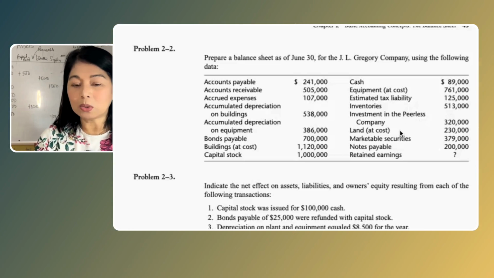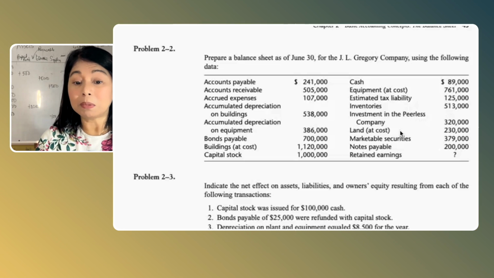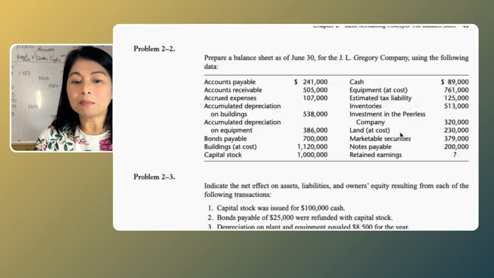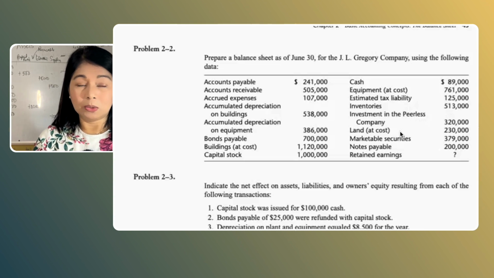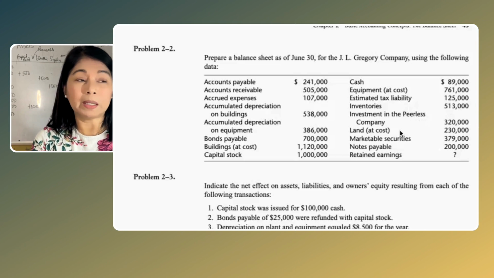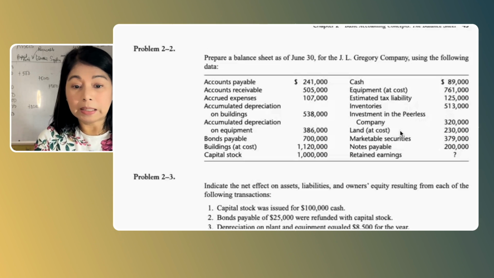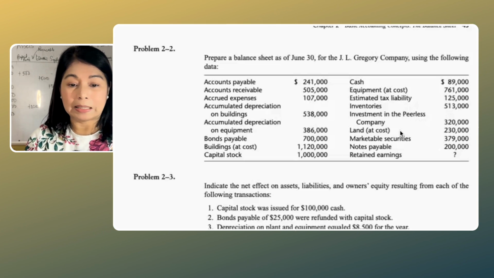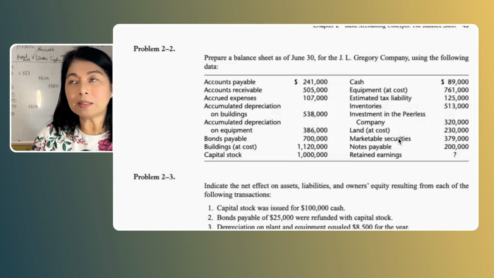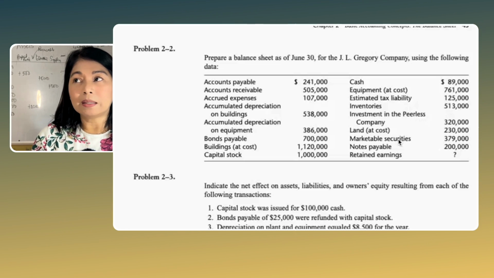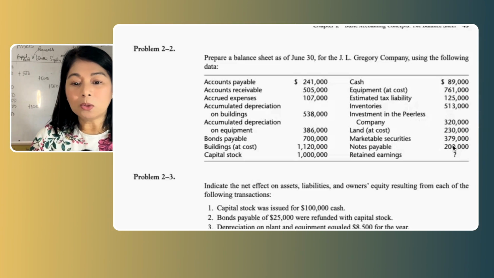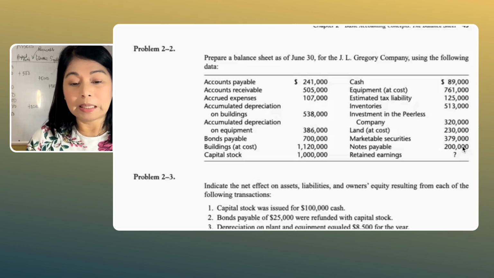Land at cost, there is no depreciation for land. Land is not depreciated. Land, again, can increase in value. If South Mall will put up another mall near me here, then it can increase the value of the land here. Marketable securities, these are current assets. Notes payable is a liability.